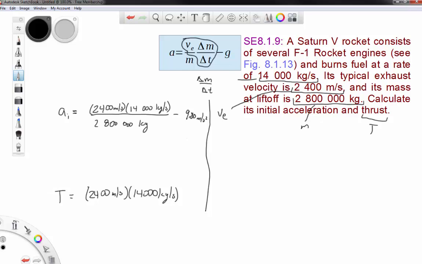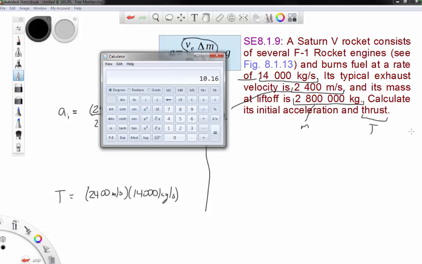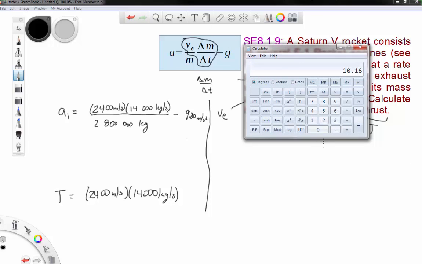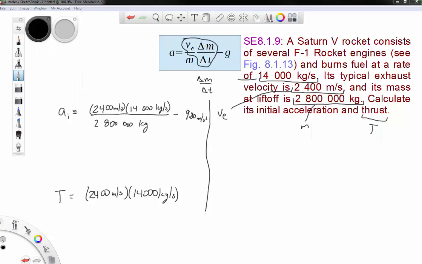You'll see why I'm calculating the thrust first: it's part of this term for the acceleration. So 2,400 times 14,000 gives us this as our thrust.